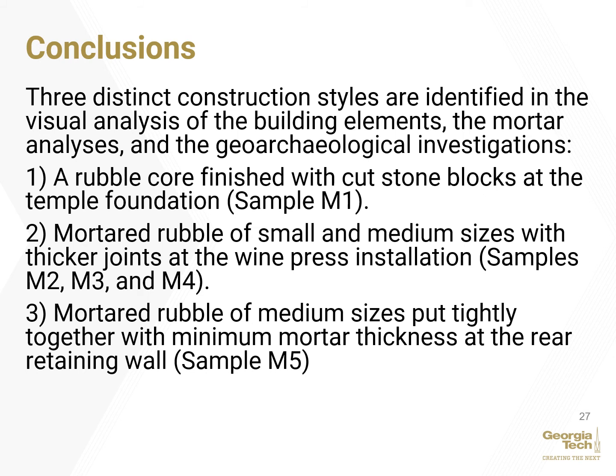Mortar rubble of small and medium sizes with thicker joints were used at the wine press installation. That was both the flat crushing area, the vat, as well as the perpendicular walls. And mortar rubble of medium sizes were put tightly together with small mortar joints at the rear retaining wall.